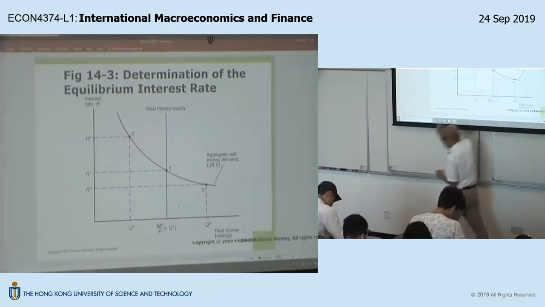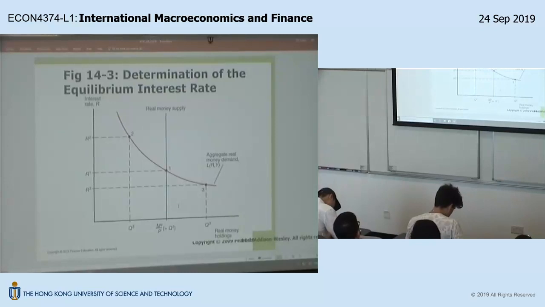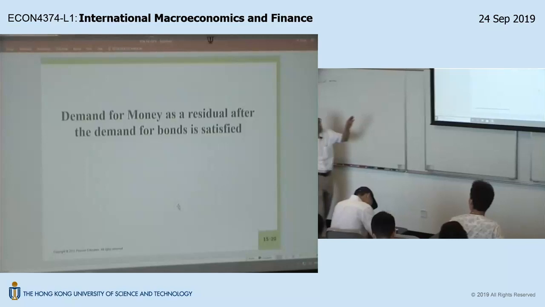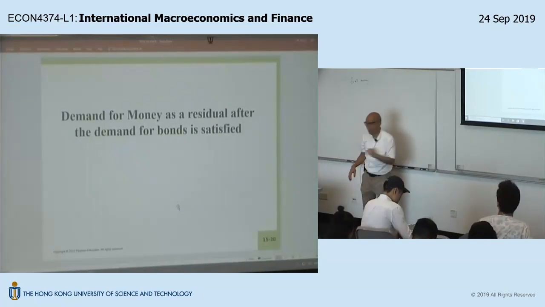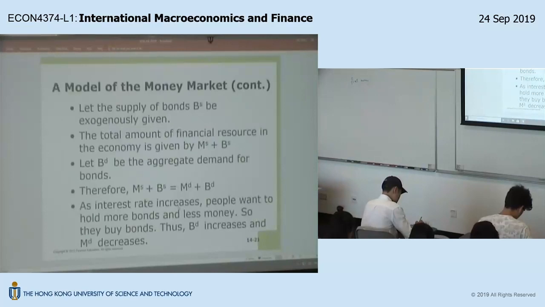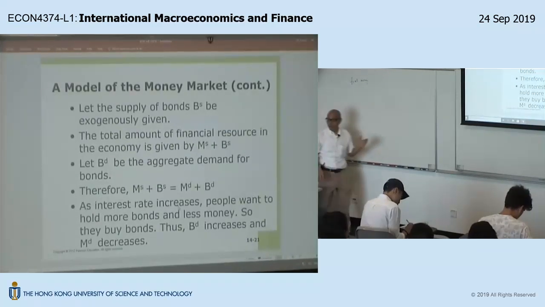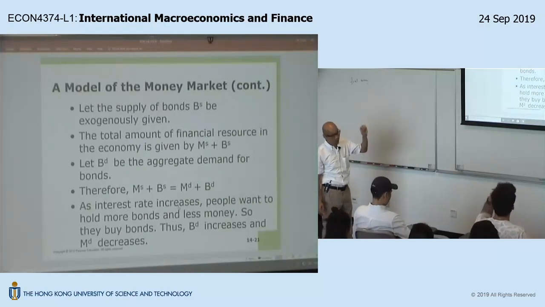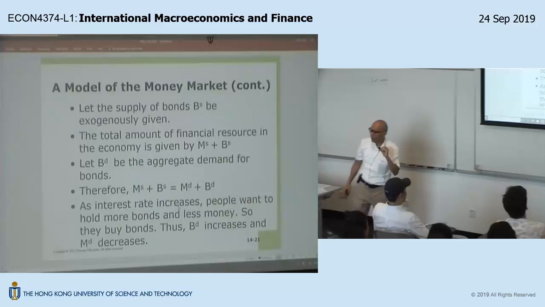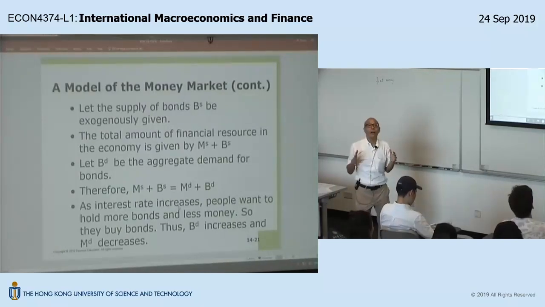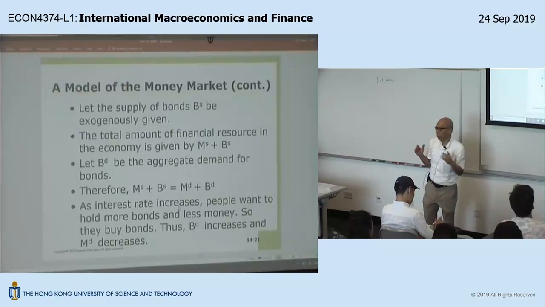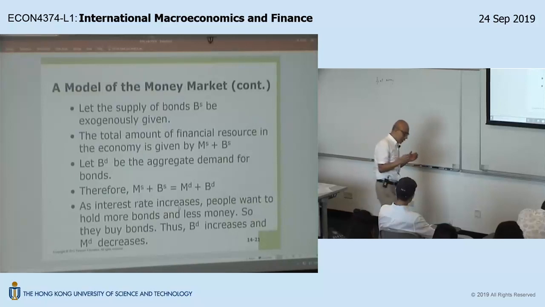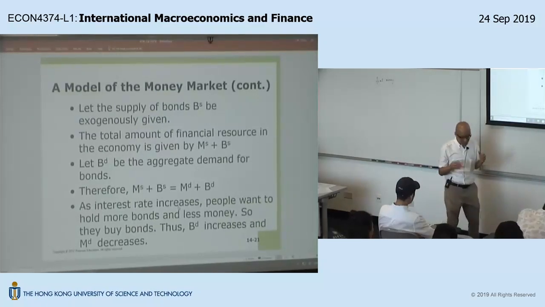So let me try to illustrate why the demand for money is a residual after the demand for bonds is satisfied. This is actually what I already said. Suppose the supply of bonds, BS, is exogenously given. You can think of this supply of bonds as some demand for funding from borrowers.